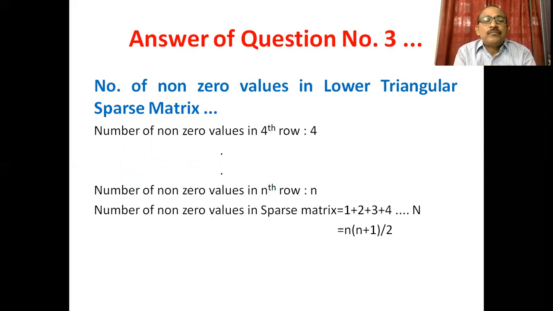Now, the number of non-zero values in the sparse matrix is equal to 1 plus 2 plus 3 plus 4 up to n. That is equal to n into n plus 1 by 2.